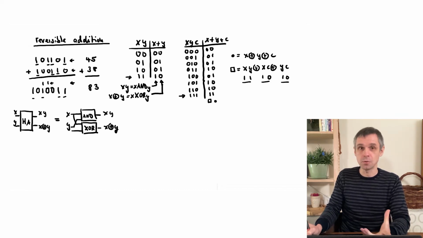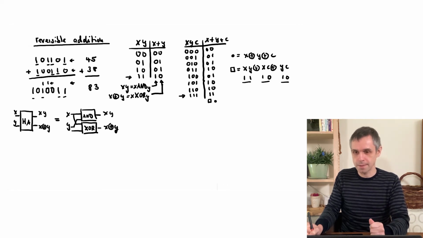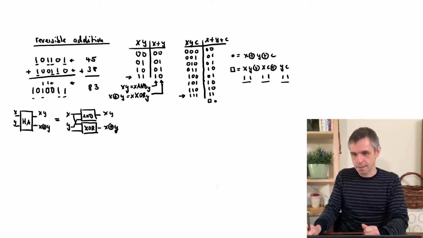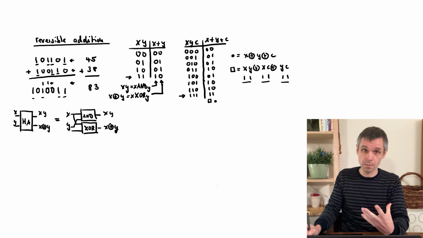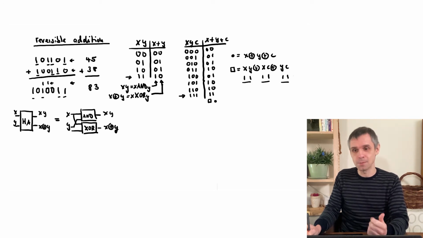So this adds up to 1. And of course, this expression is completely symmetric, so this will appear whenever exactly 2 of the bits are 1. And when all 3 of them are 1, as indicated here, then this becomes 1 plus 1 plus 1 equals 3. Modulo 2 is again 1. So this works out in all cases.